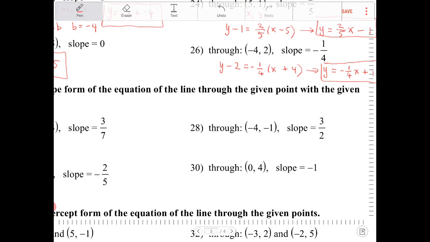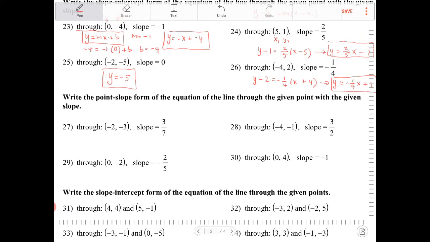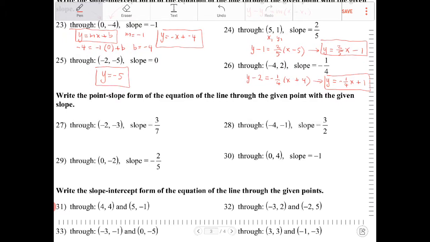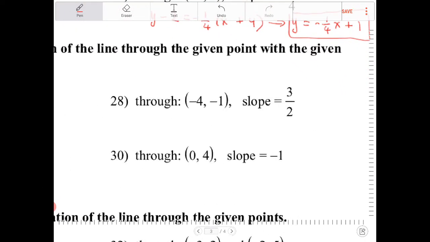Let's take a look at the next one here, where it says, write the point-slope form of the equation of a line through the given point with the given slope. So notice now it's asking for us to write the equation of a line in point-slope form. You're going to see again, this is actually infinitely easier, right? So this is simply y minus -1 is equal to 3/2 x minus -4.